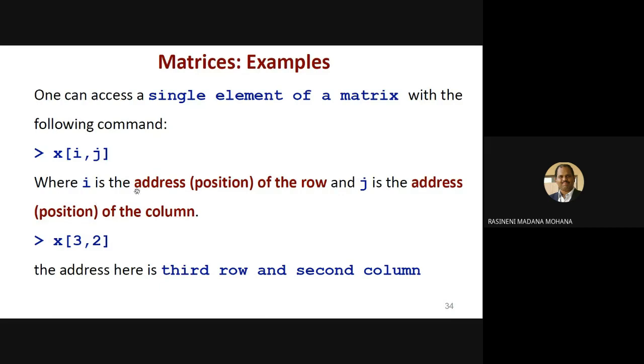So in our matrix X, suppose you mention X of 3 comma 2, the first value is row, the second value is column. That means third row, second column, and whatever the value is, that value is displayed here. So a single element you can access using this indexing format.